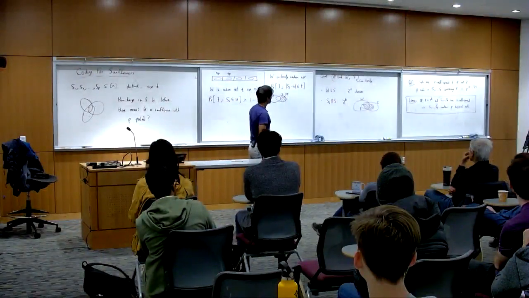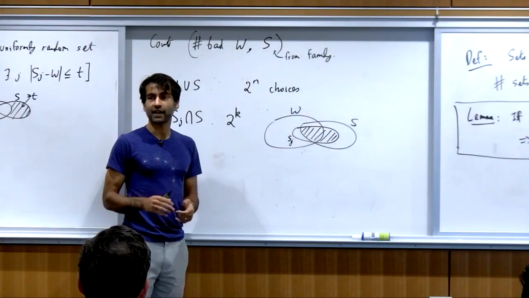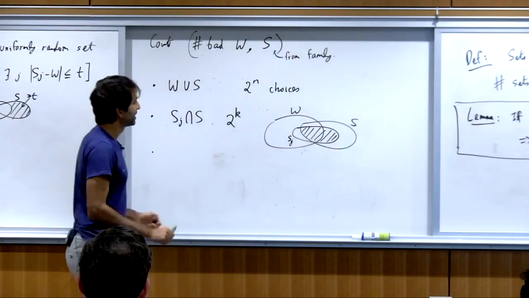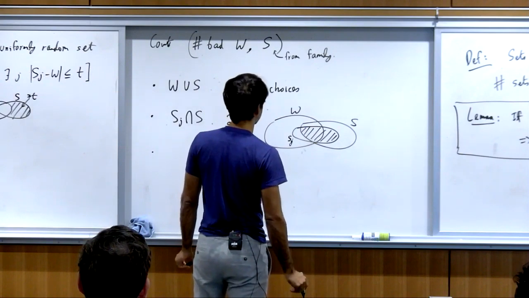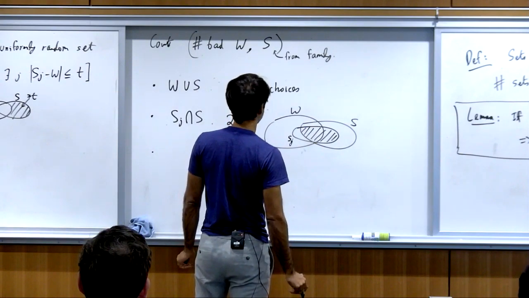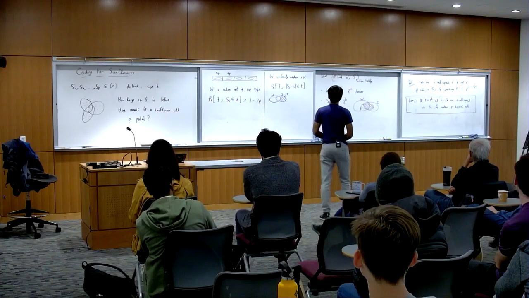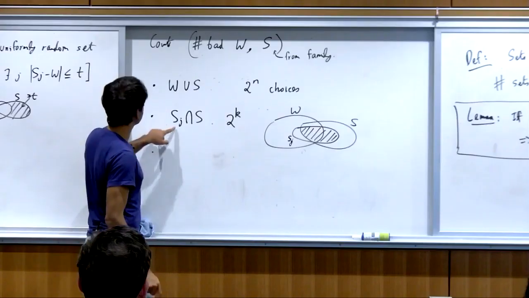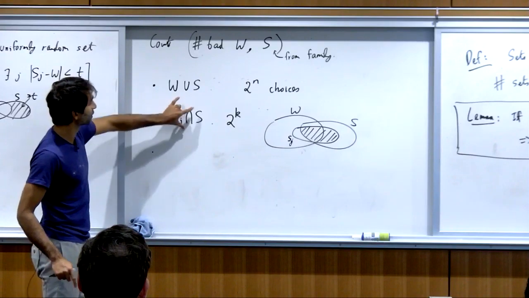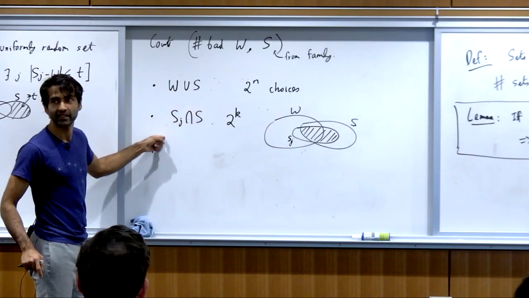Okay. And now here's the key place where the argument is going to use the fact that the family is well spread. The point is, at this point we've determined a large subset of S. And how big must this subset be?